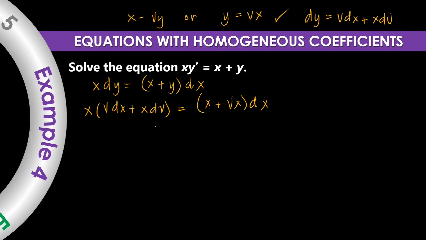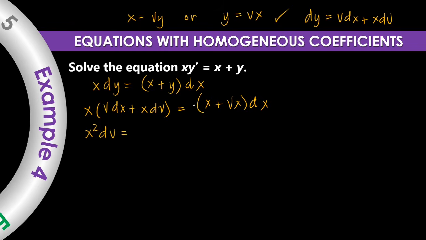The next thing is to simplify. So we have 3 terms containing dx, right? So we combine all the terms with dx on the right side and leave all the terms containing dv on the left. So we will have x times x is x squared dv.